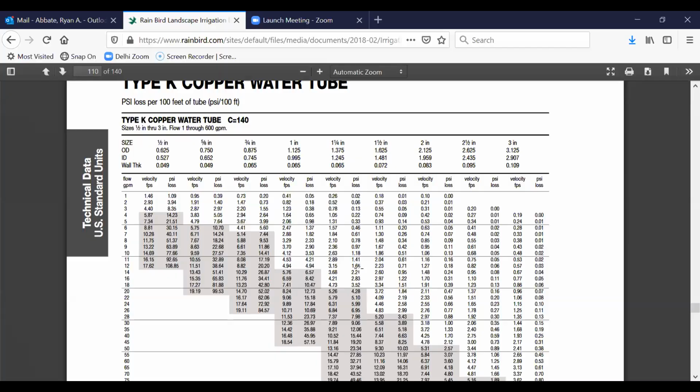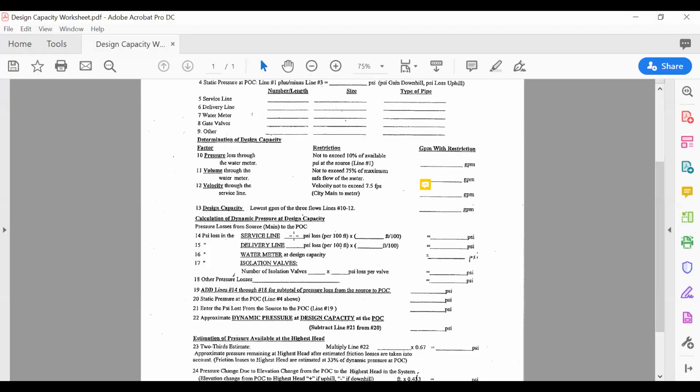We would plug that in here. Our length is 20 feet, so we'd be taking 14.41 and multiplying it by 0.20. And that should give us how much pressure loss? 2.88 PSI. So we would write 2.88 PSI in this section.